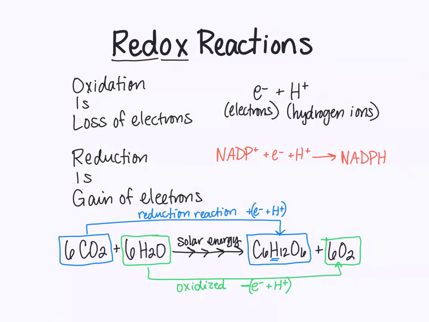And whenever I write out NADPH, I like to put two little circles here. And these circles are standing for those electrons that were picked up by NADP+. So those circles indicate electrons.